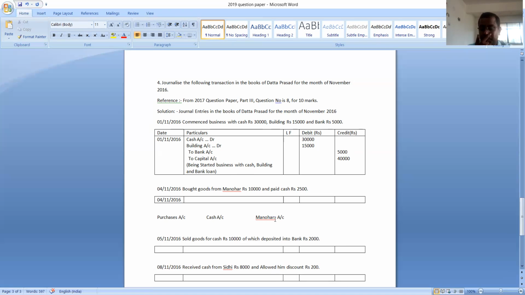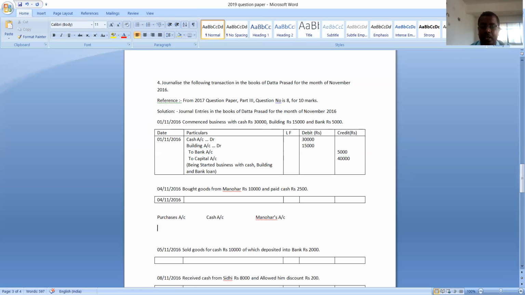If it is completely cash transaction, we find two accounts: purchases account and cash account. Since this transaction is a combination of both cash and credit, we find three accounts: purchases account, cash account, and Manohar's account.